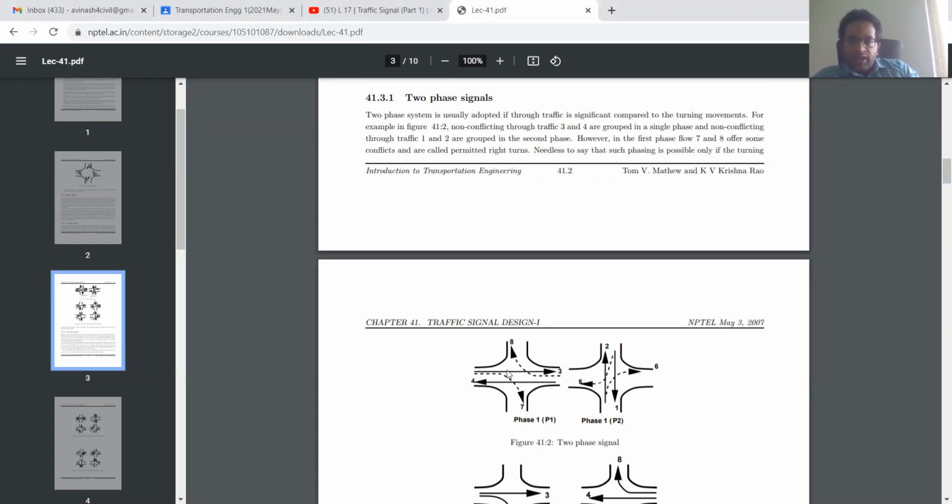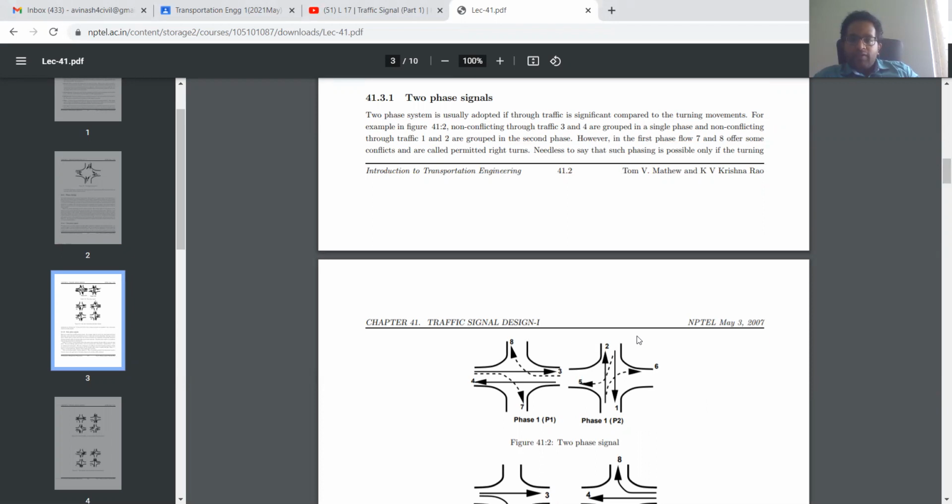Whereas traffic 7 and traffic 8 occur after some conflict, but they are permitted, they are called permitted right turns. Traffic 3 is moving in this direction, and from traffic 3 there is a permitted right turn, that is traffic 7. Similarly, traffic 4 is moving in this direction and there is a permitted right turn, that is traffic 8. So this is one phase.